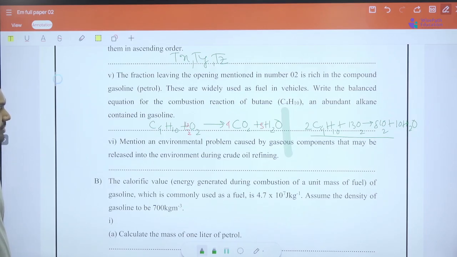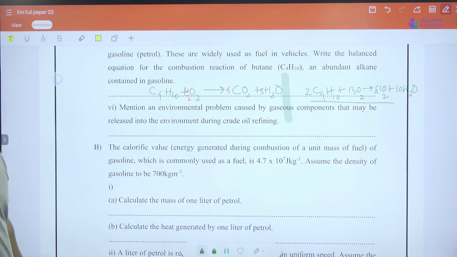Mention an environmental problem caused by gaseous components that may be released into the environment during crude oil refining. The main one is carbon dioxide, isn't it? And sulfur is also there in the crude oil, so that's secondary. The global warming, isn't it?